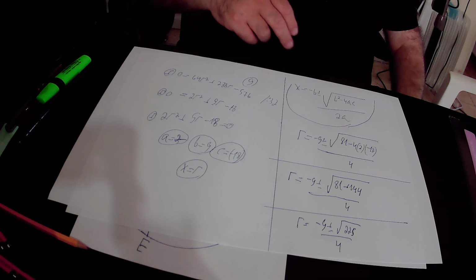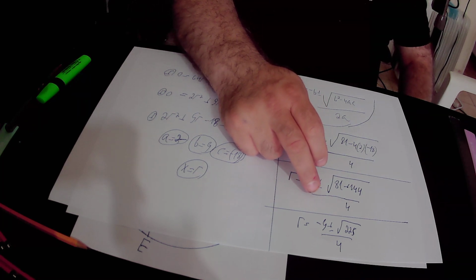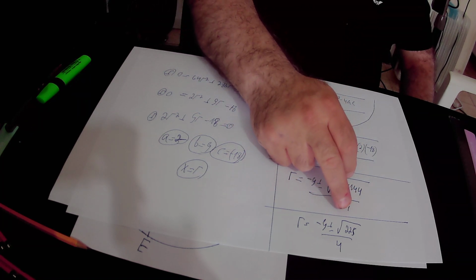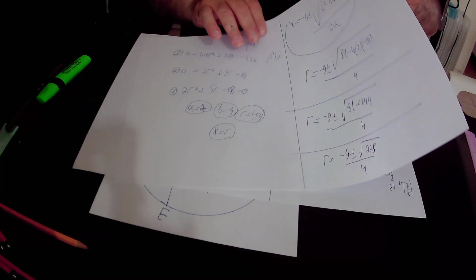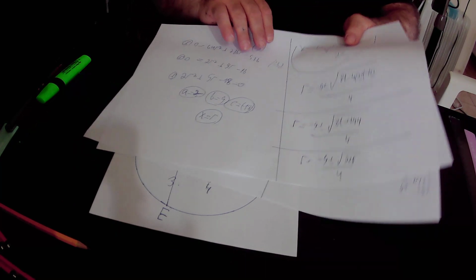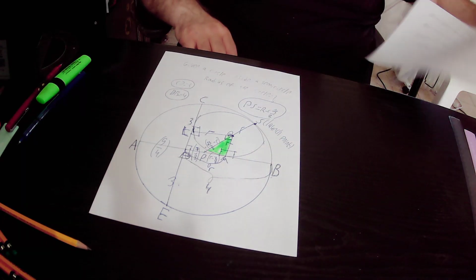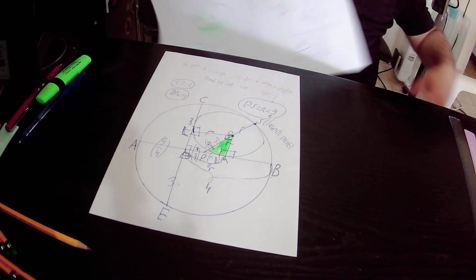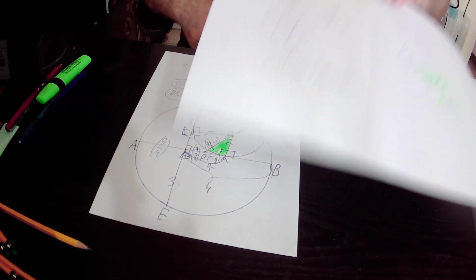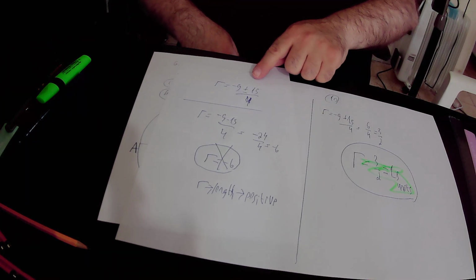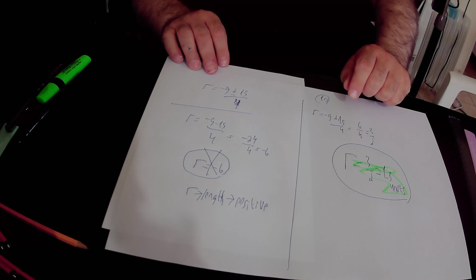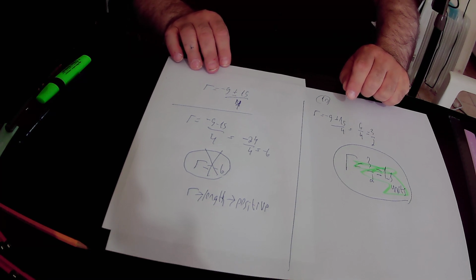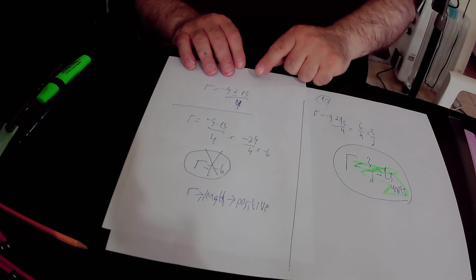So r equals minus 9 plus minus the square root of 225, over 4. The square root of 225 is 15. So the radius r of the small circle equals minus 9 plus minus 15 over 4.